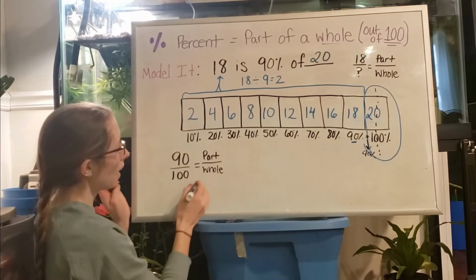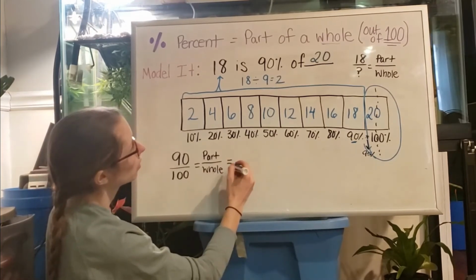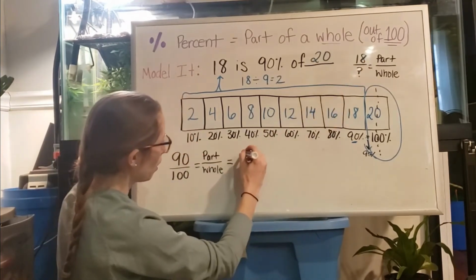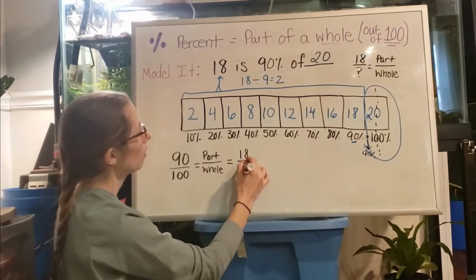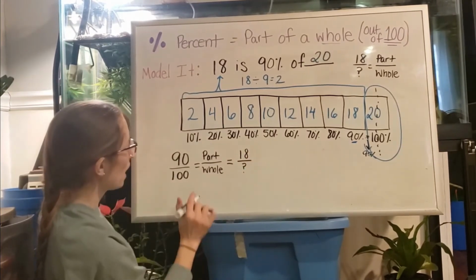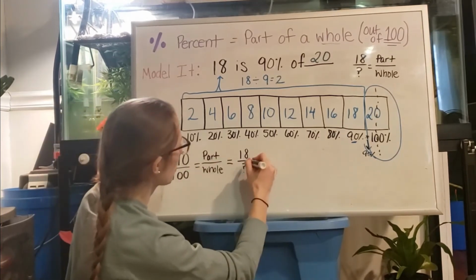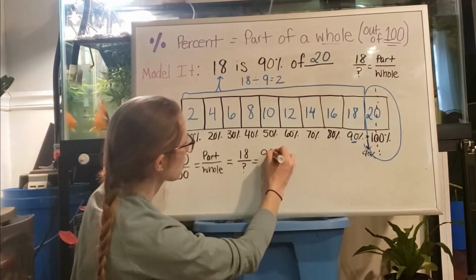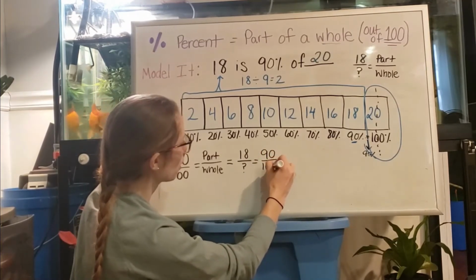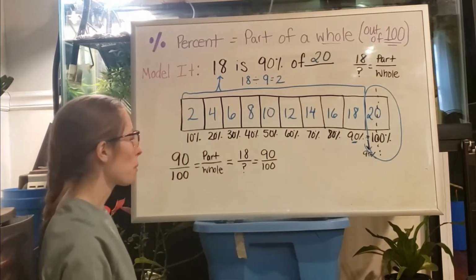And we know that that is equal to this one here. We know our part. Our part is 18. We don't know our whole. So if I go ahead and set these equal to each other, 18 over our unknown is equal to 90 over 100, I can solve from here.